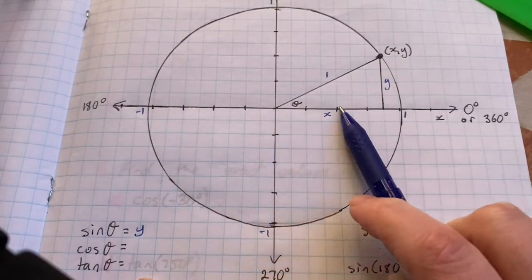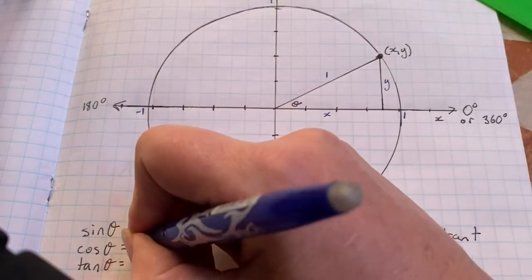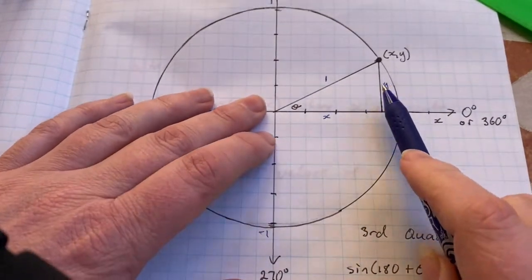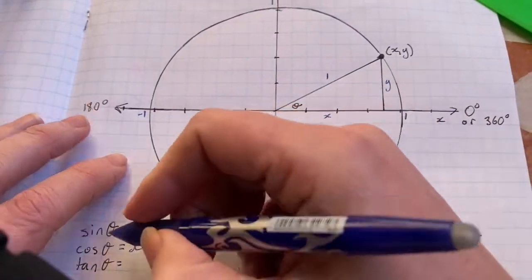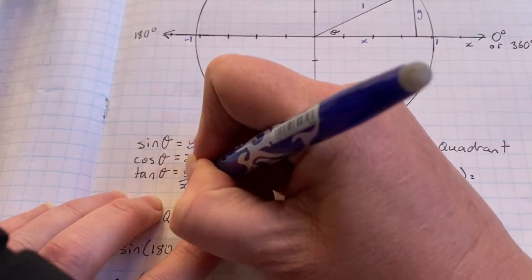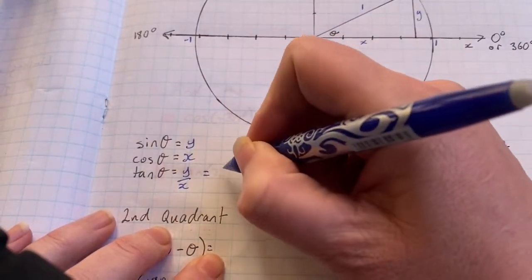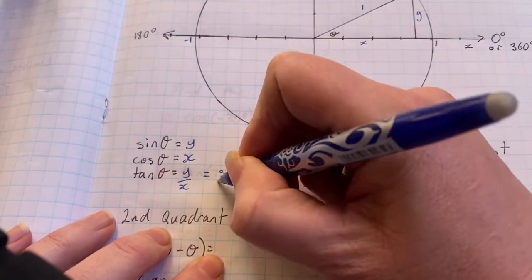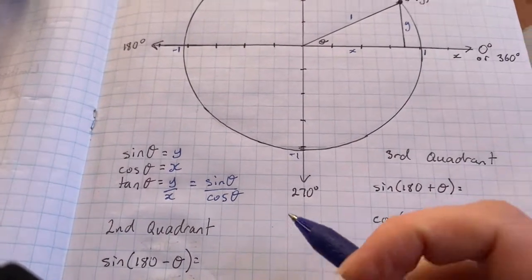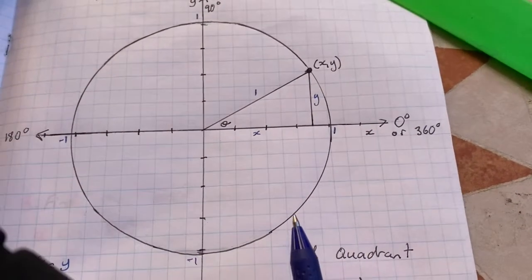Cos of theta is adjacent over hypotenuse, so that's equal to x. And tan theta, of course, is the opposite over the adjacent, which is y over x. And we'll see in the next exercise, we'll revise how that is also equal to sine theta over cos theta as well.